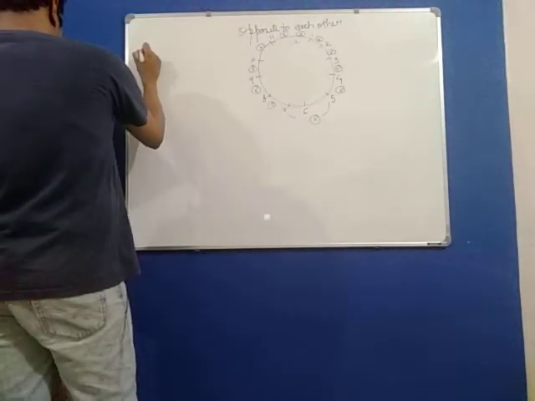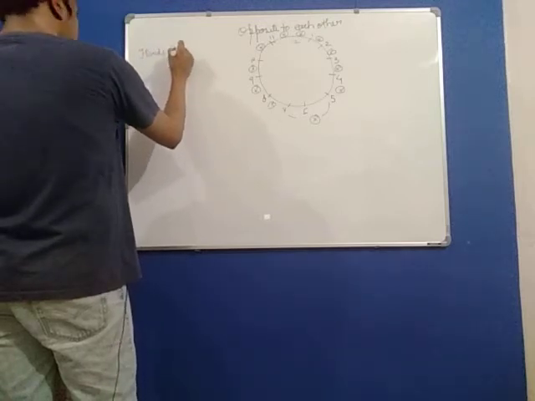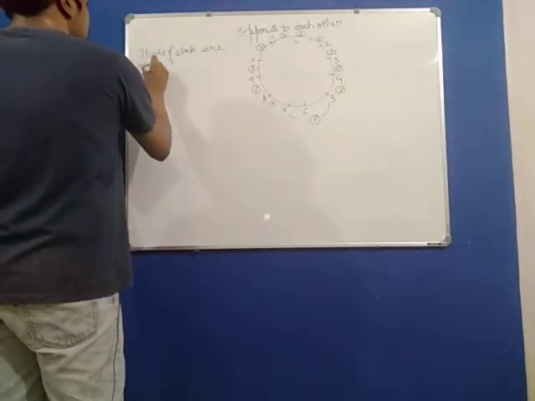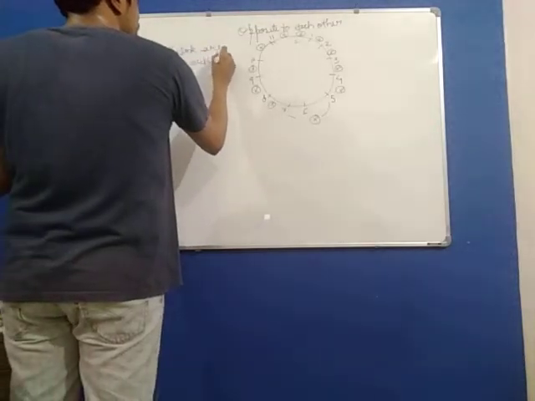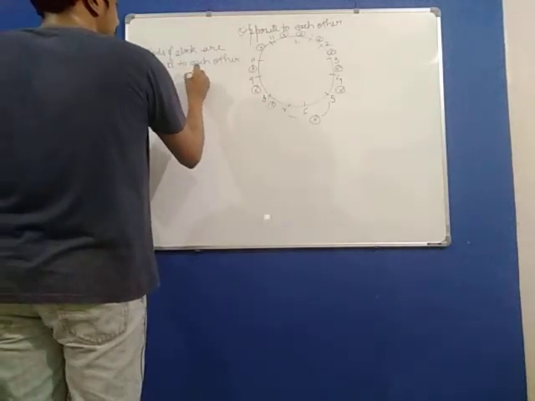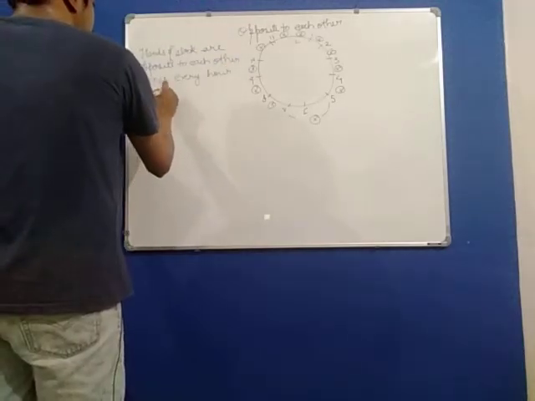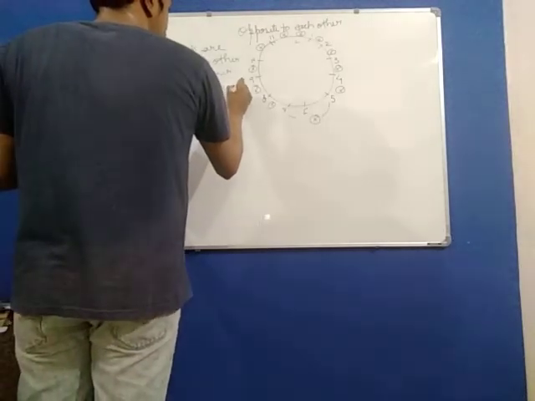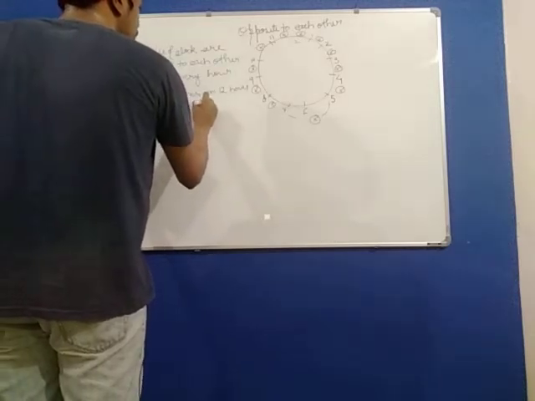So we can say that the hands of a clock are opposite to each other once every hour, but as we can see from the diagram, 11 times in 12 hours and 22 times in 24 hours.